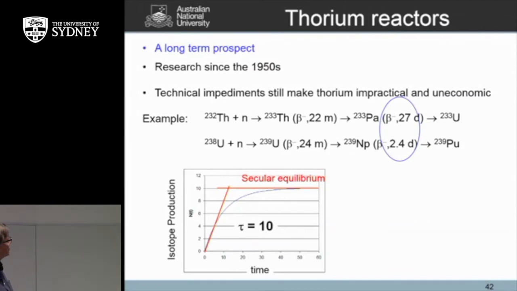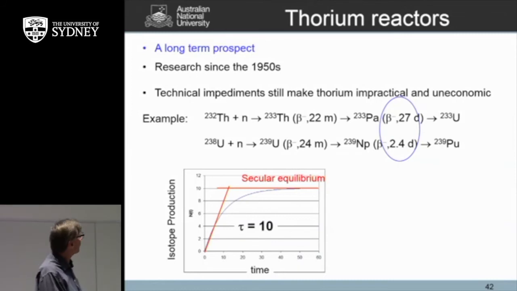There's been research into thorium reactors since the 1950s, but there's still a lot of technical impediments that either make the thorium reactors impractical or, if not impractical from a purely engineering point of view, impractical from an economic point of view. And one example is here.